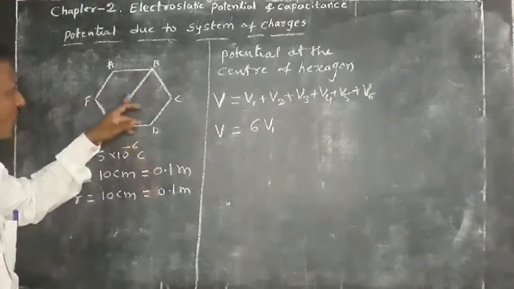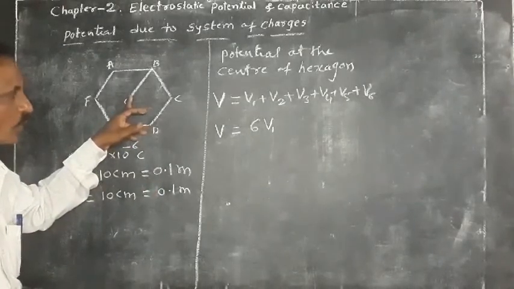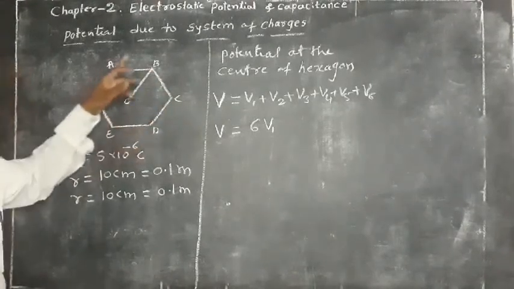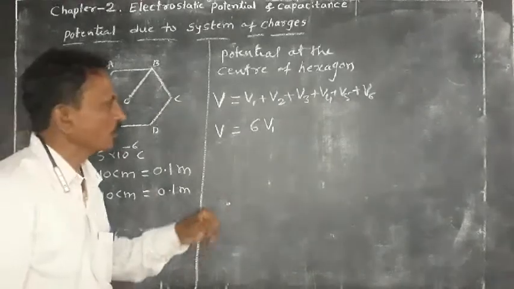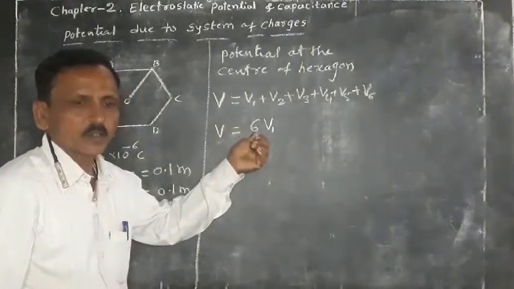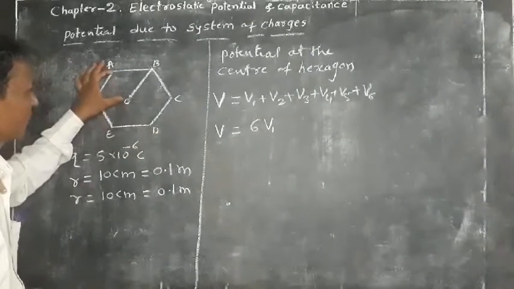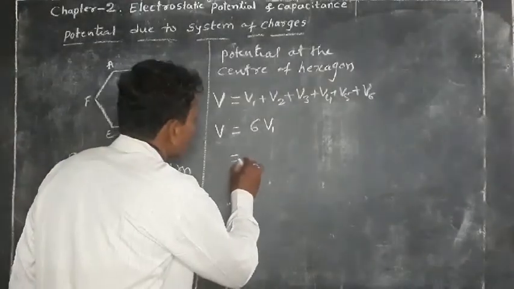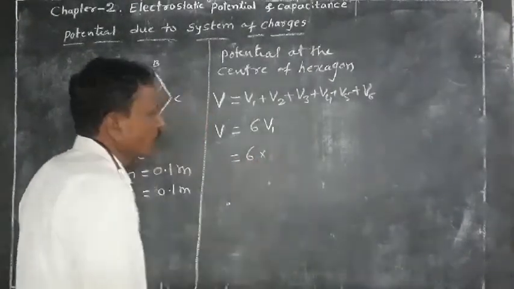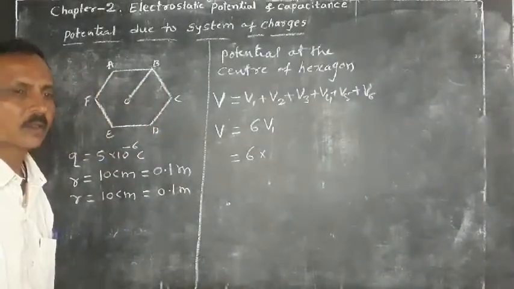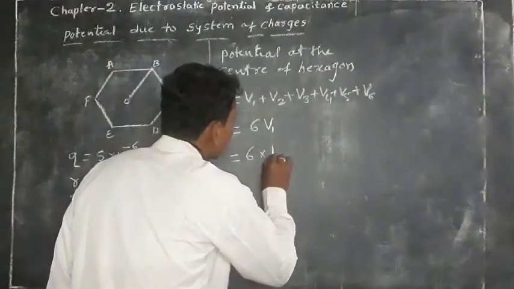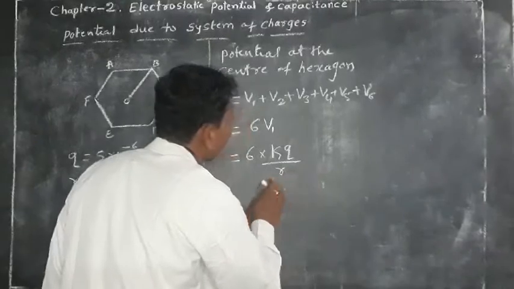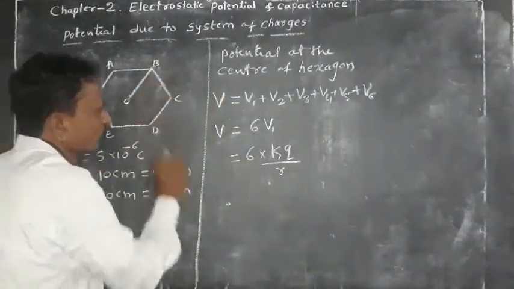Therefore, total potential at O due to equal charges at each vertex is equal to 6 times potential due to a charge, and that is equal to 6 into V1, which is nothing but kq upon r, that is 6 kq upon r. Here r is the distance of the center from the charge.